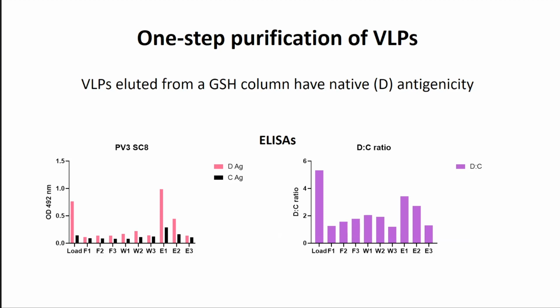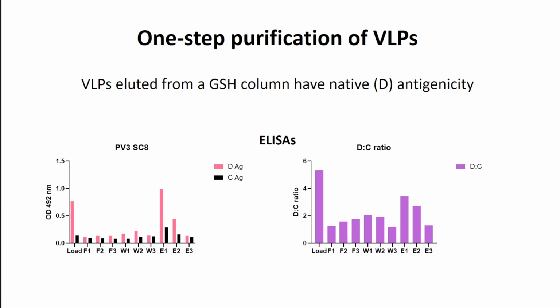Purification, till now, we've mostly used lab scale ultracentrifugation based purification methodologies, which are not really suitable for further development towards industrial production. And so we're exploring column-based purification methods. Recently we found that using a glutathione affinity column is remarkably effective for at least two of the serotypes of the virus.